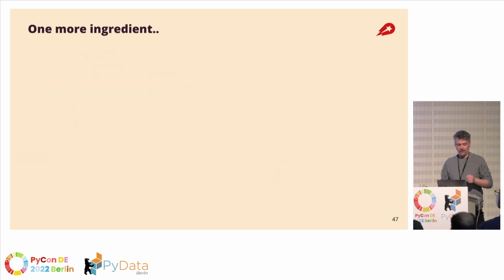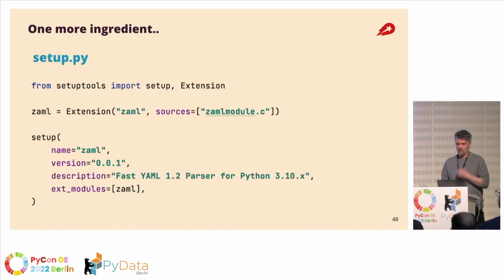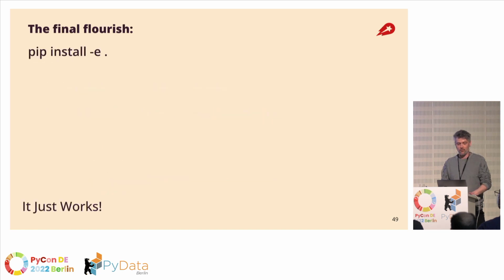And one final ingredient, we need to compile that. Python even provides a reasonably nice way of doing that without even having to worry about Clang or GCC. We can just declare an extension with the C source file, give it to the setup function, and then when we run pip install, it just works.